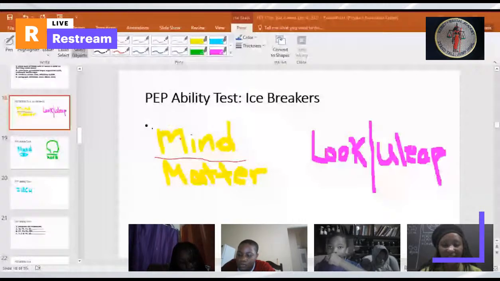So look comes first and then you leap. And what does that expression, look before you leap, mean? To look at what's going on before you put yourself in it. Right. So it's saying be careful. Assess the situation before you make a move.